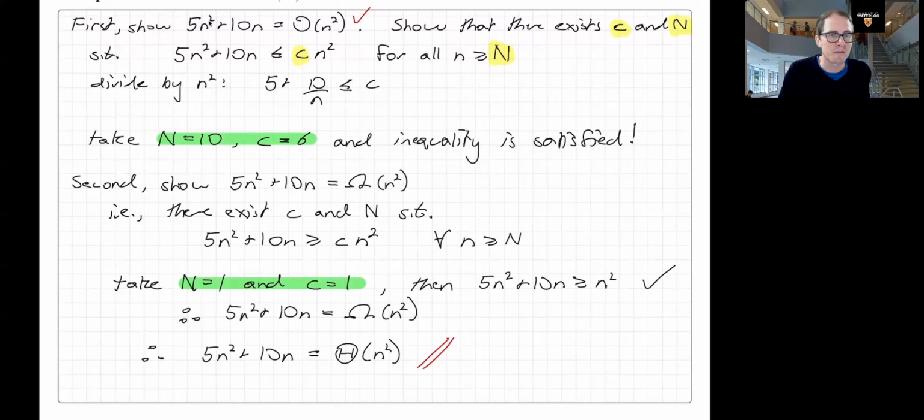We say that this is in big O of the right-hand side as long as we can find a c and a capital N for which it's true. It doesn't have to be true for all of them. You and I don't have to come up with the same ones. We just have to be able to find a c and an N for which this inequality holds, and then in the second case, a c and an N for which this inequality holds. And we did it, so we've established our final result, which is that 5n squared plus 10n is in big theta.